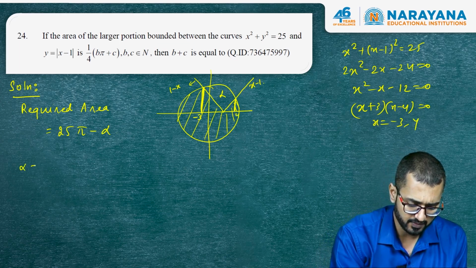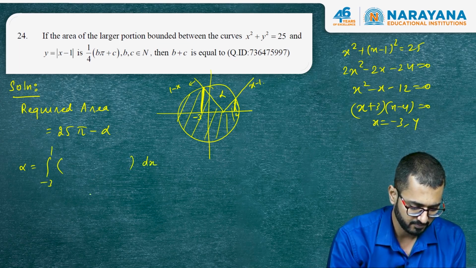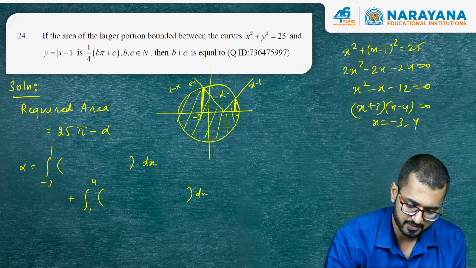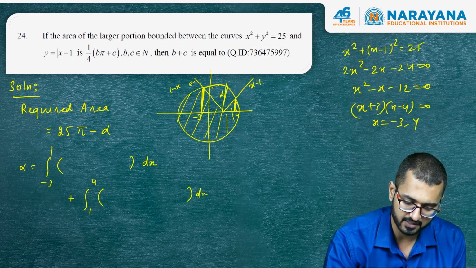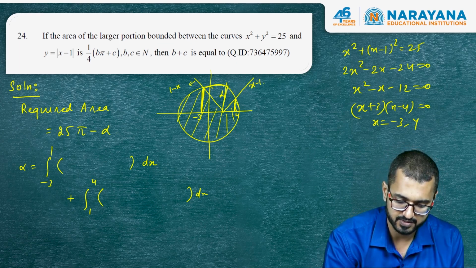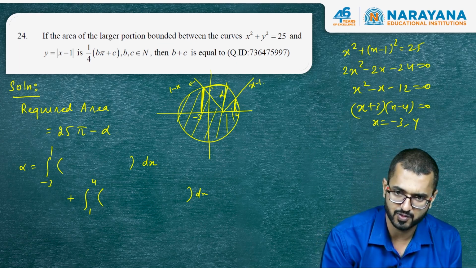Now for alpha we'll write down, alpha will go from minus 3 to 1, upper curve minus lower curve, and then plus 1 to 4, upper curve minus lower curve. So what is the upper curve here? Up to here the upper curve is the circle, and lower curve is of course the lower one.